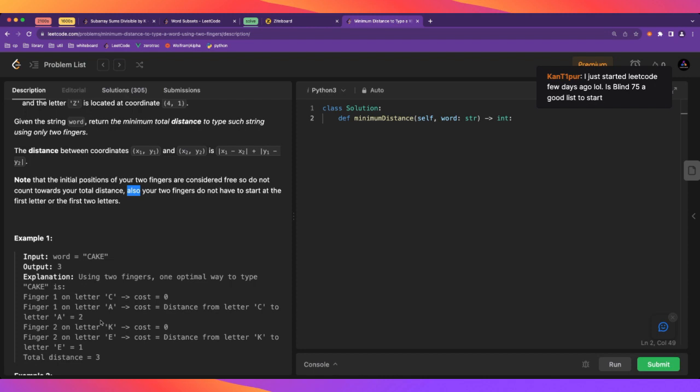Just started LeetCode a few days ago. Lol, is Blind 75 a good list to start? Yeah, I think it is. I haven't done it myself, but it's a popular list.